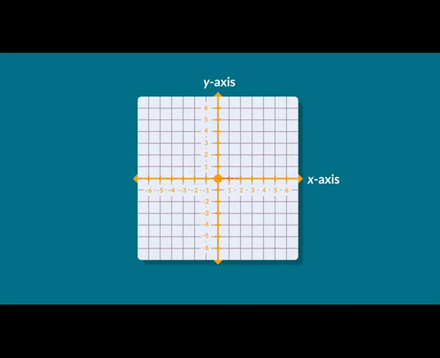So let's move 2 units horizontally away from the origin and 3 units vertically away from the origin. The place at which these 2 points intersect or cross one another helps us to show position. This means that we can use any 2 points on the horizontal and vertical axes to give a precise position.